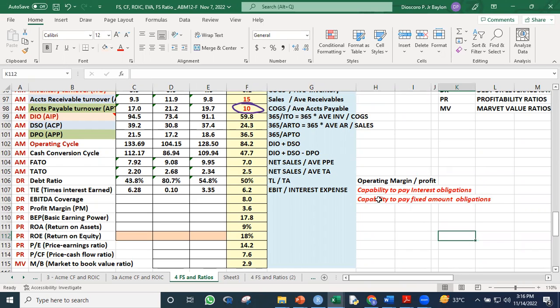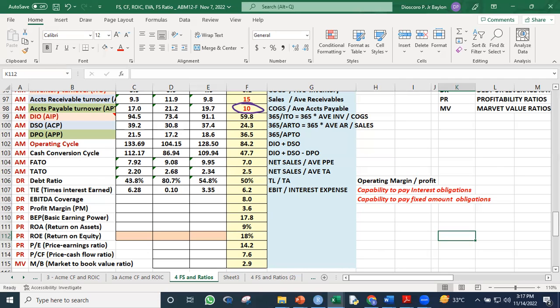Siyempre, isa na diyan si interest, kasi si interest usually fixed yan eh. Every month or every year, merong fixed amount na binabayaran, kasi ang assumption natin dito, fixed yung interest rate. Hindi naman siya nagbabago every year. Okay, and then yung principal niyan, kung kunyari bond dyan, sa dulo na babayaran yung principal. Hindi naman katulad yan ng amortization, no?